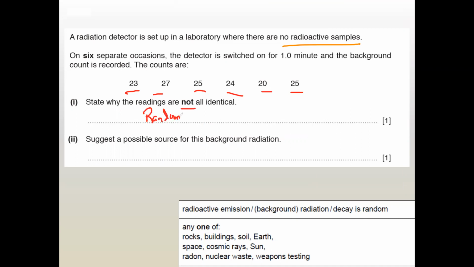Sometimes more radiation, sometimes less, so we don't have a fixed number. It can be a bit more, a bit less. Suggest a possible source of background radiation. You can mention rocks, buildings, earth, cosmic radiation, nuclear waste, or maybe radon gas.